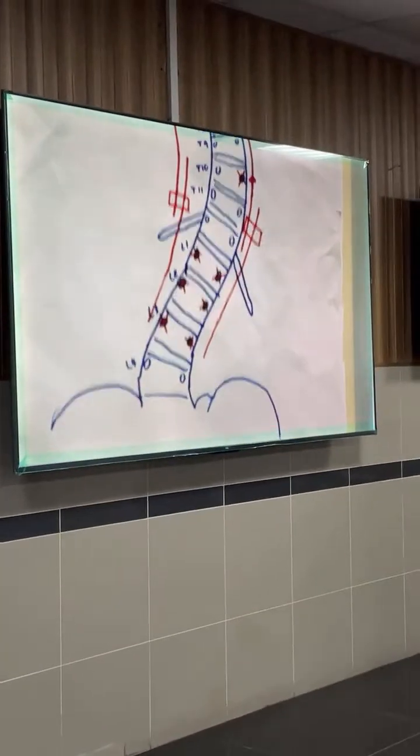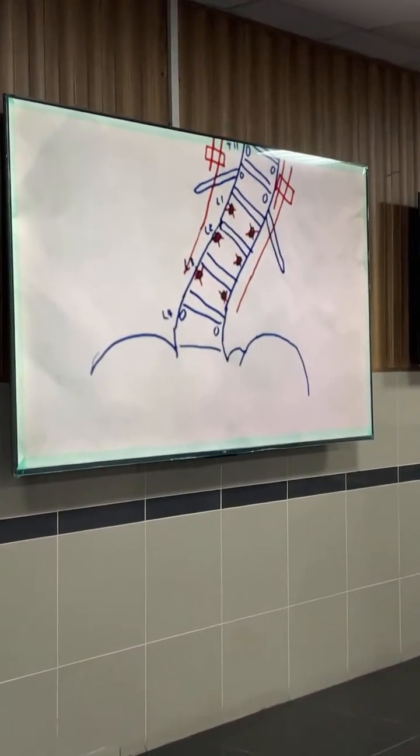Do you use a blocking screw to prevent the sliding rod from sliding? Usually on the convex side, you don't need it because it's already stiff, and you don't need to do distraction. On the concave side, after doing the compression, translation and derotation of the convex side, we go to the concave side and do maximum distraction, and we put a buttress-like thing just to prevent the sliding rod from sliding.